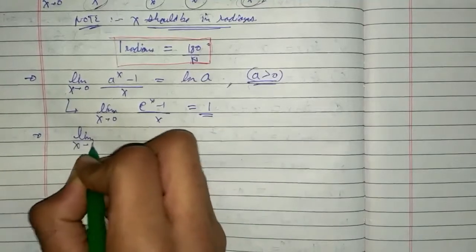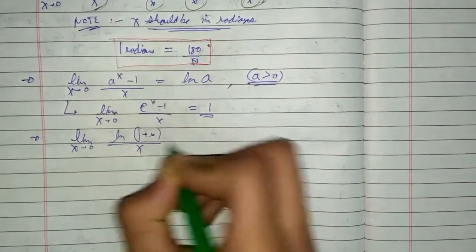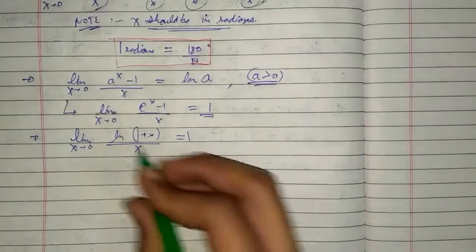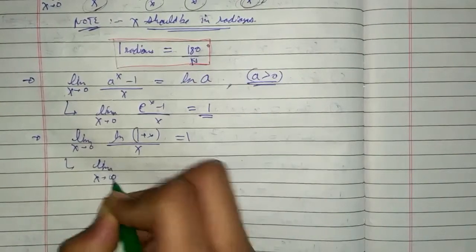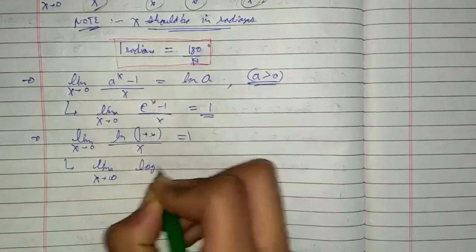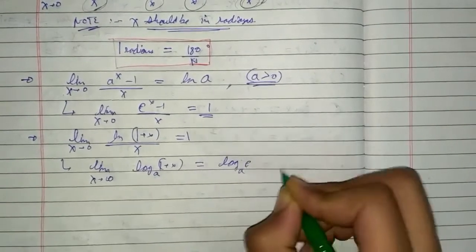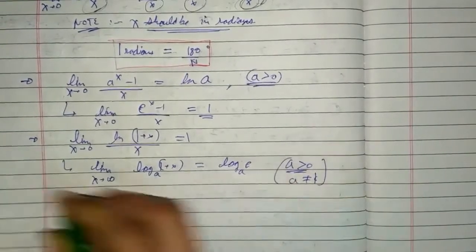limit x tends to 0, natural log of (1 plus x) upon x is equal to 1. And another case is limit x tends to 0, log of (1 plus x) to the base a upon x is equal to log of e to the base a, and obviously a should be greater than 0 and a should not be equal to 1.